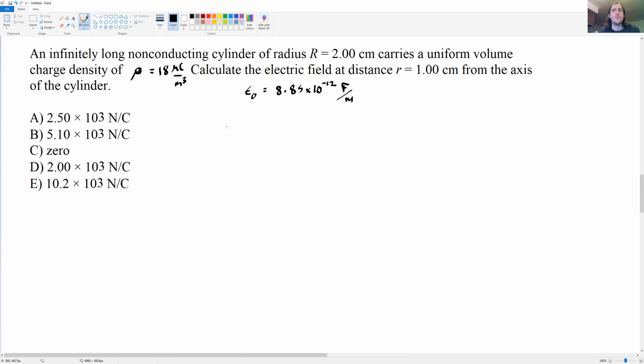Our options here: 2.5 times 10 to the 3 Newton per Coulomb. These should all be 10 to the 3 Newton per Coulomb. 5.1 times 10 to the 3 Newton per Coulomb, 0.2 times 10 to the third, and 10.2 times 10 to the third.